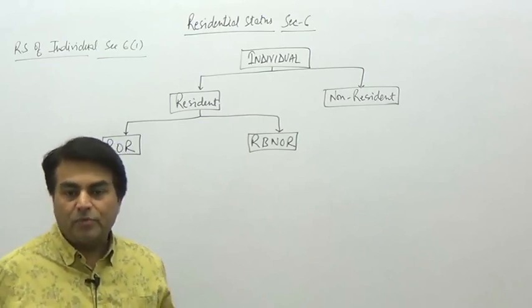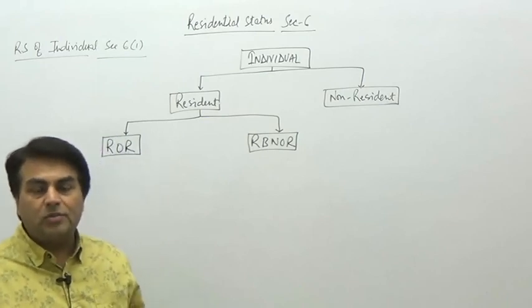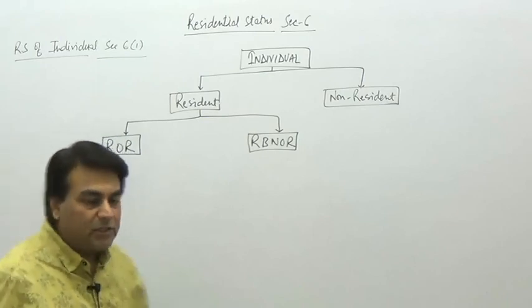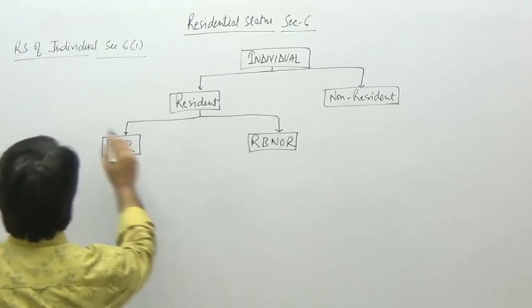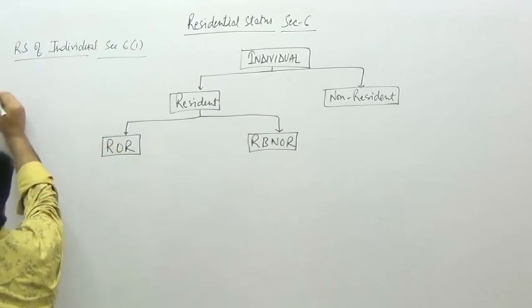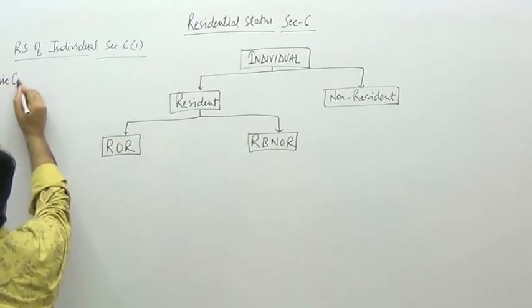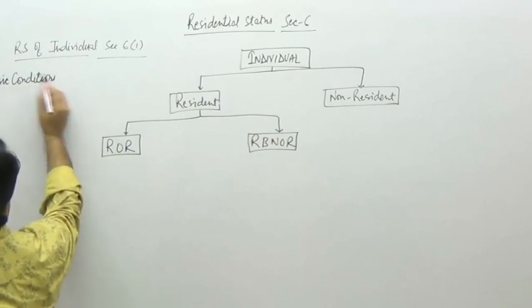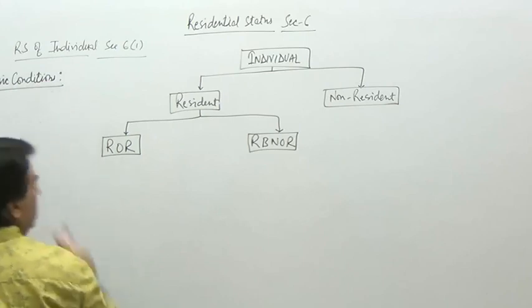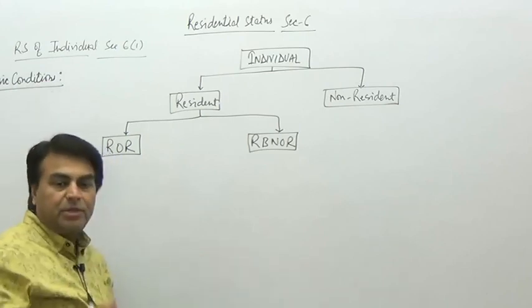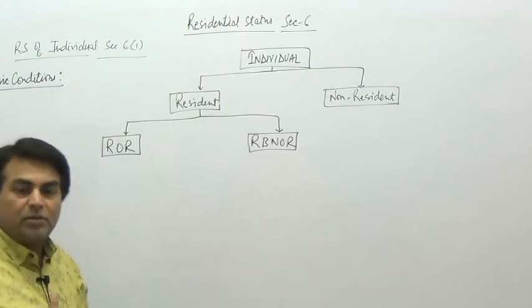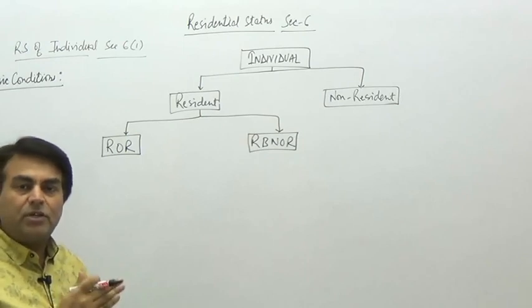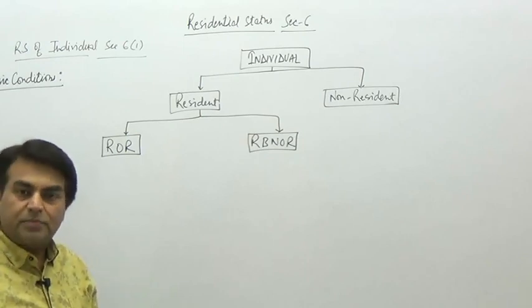Now we need to know what these basic conditions are. I would write the basic conditions here. These basic conditions give you the test, the parameters on which you check whether your individual is a resident or a non-resident.